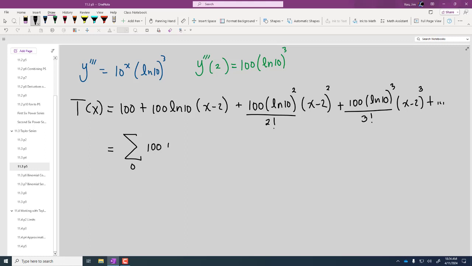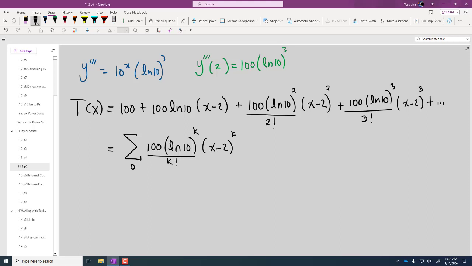And then they all have a power of ln, so ln of 10 raised to the k power. So when k is 0, that's just a 1. When k is 1, that's going to put ln 10 there. And so that's x minus 2 to the k divided by k factorial.